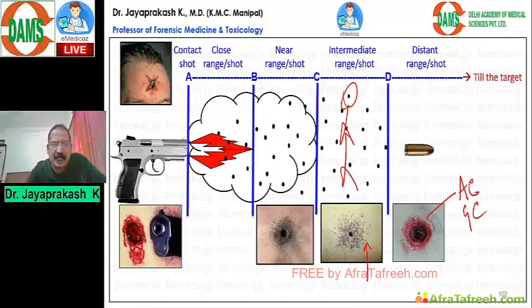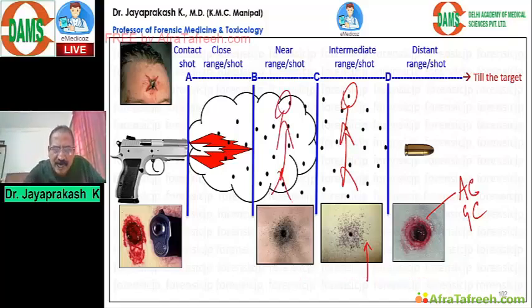In case of near shot, the wound is similar to intermediate shot, but in addition there is blackening. But normally they don't give the photograph of close shot because singeing of the hair and burning of the skin is not seen. And contact shot, tight contact, you see muzzle impression.